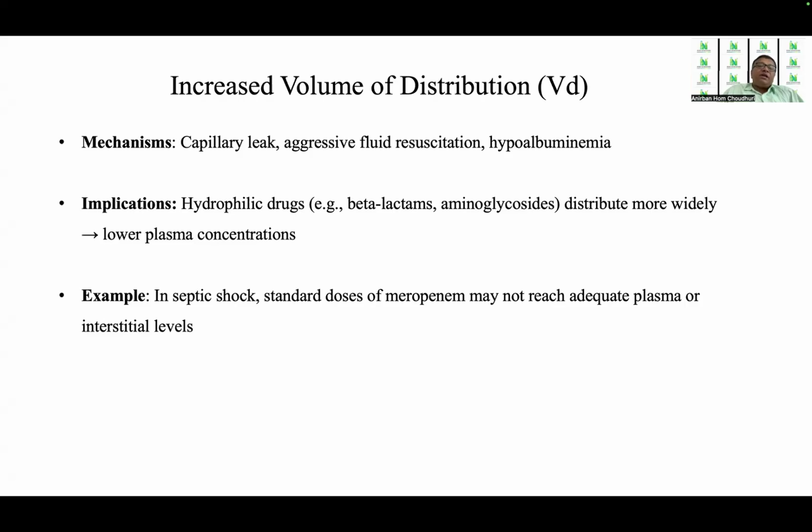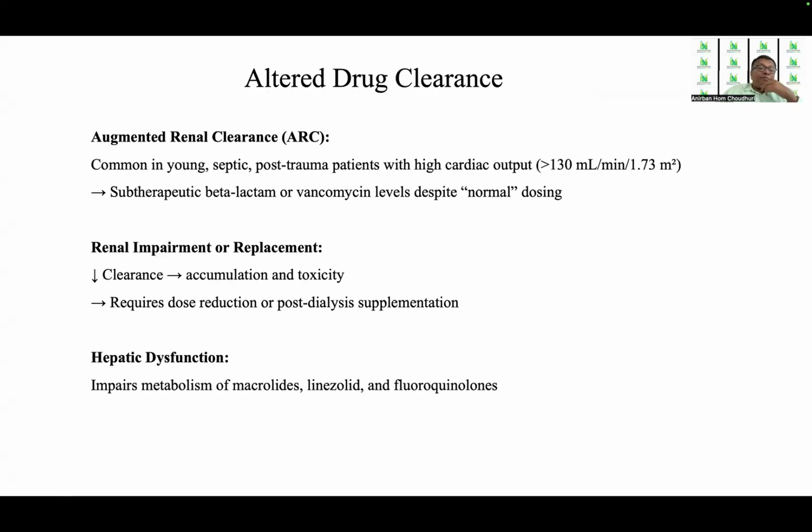Normally hydrophilic drugs stay in the central compartment, but because of increased capillary leak and aggressive fluid resuscitation, they are pushed outside, and therefore their concentration in the blood is reduced. So in septic shock, standard doses of meropenem may not reach adequate levels in the plasma or in the interstitial levels because of that distribution.